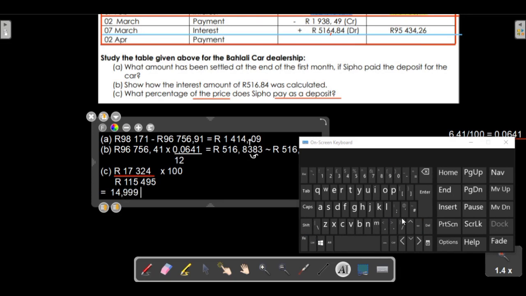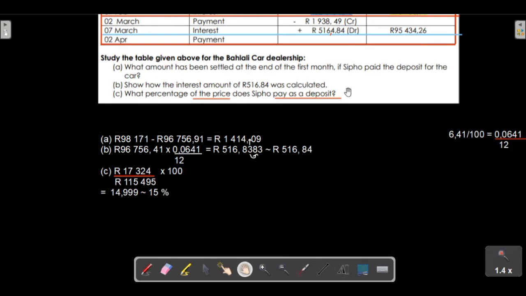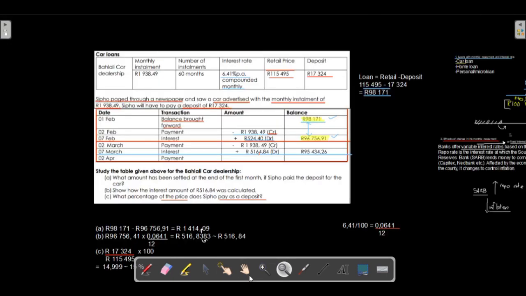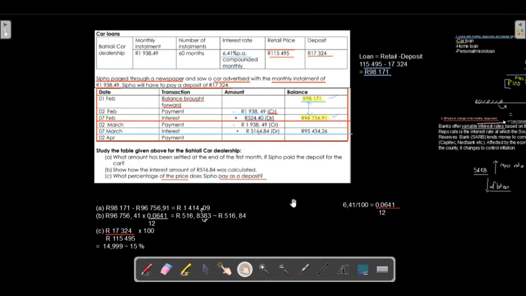So that means that we can basically just convert that to the nearest percentage, which is 15%, right? So that is how we would answer these questions, guys.